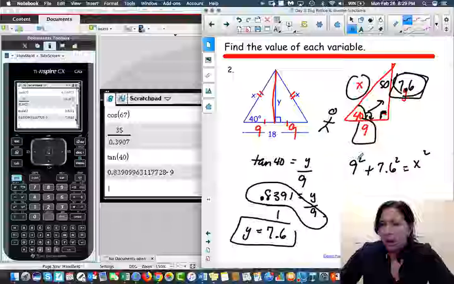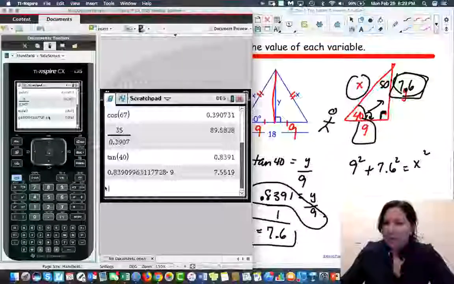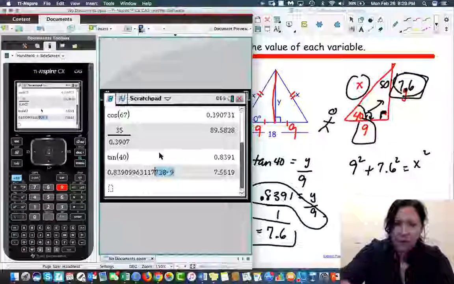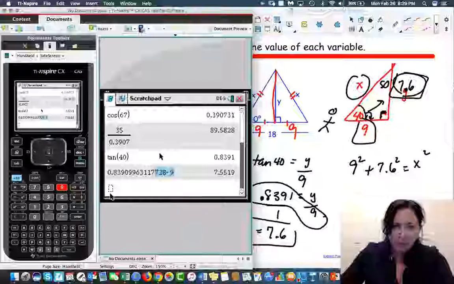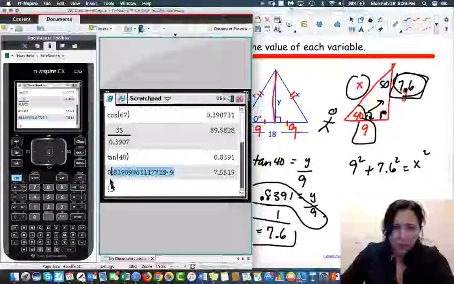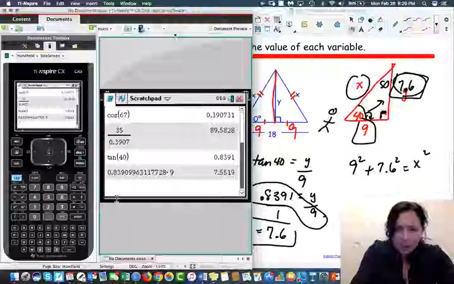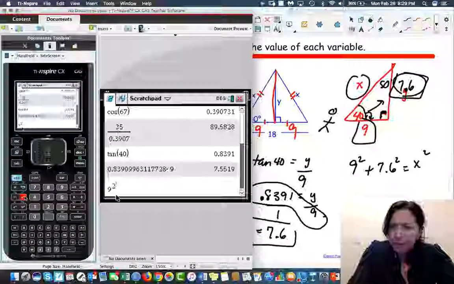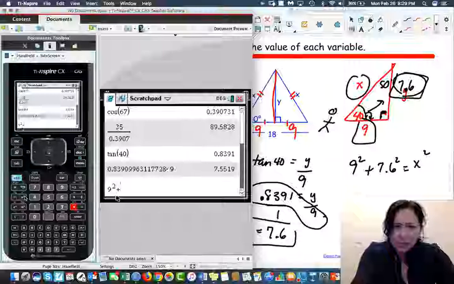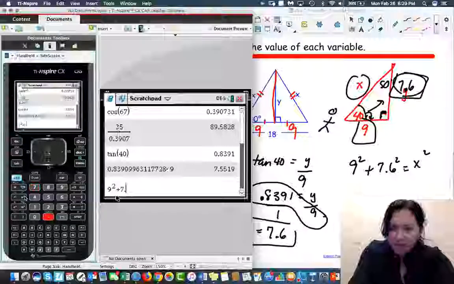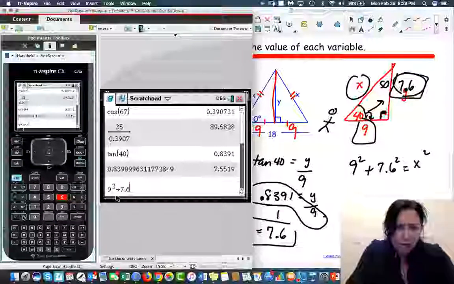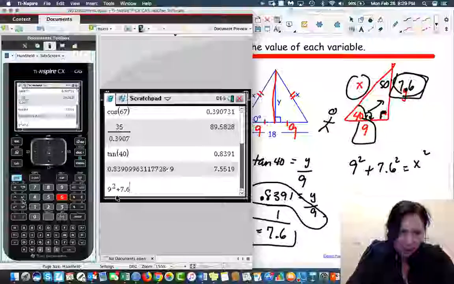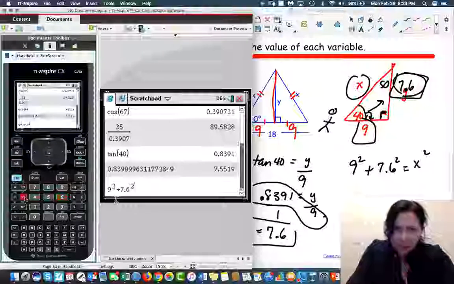Now, I need to add these up. I'm going to use my calculator. I'm going to go 9 squared, plus 7.6, and that's also squared. I'm pushing the button on the left-hand side that has the x squared on it.